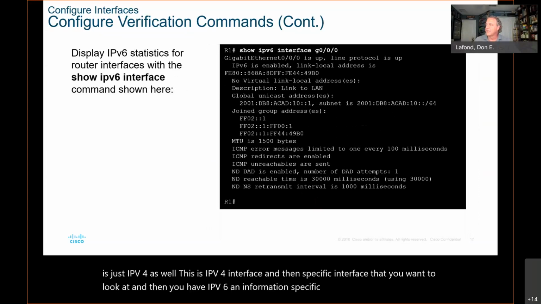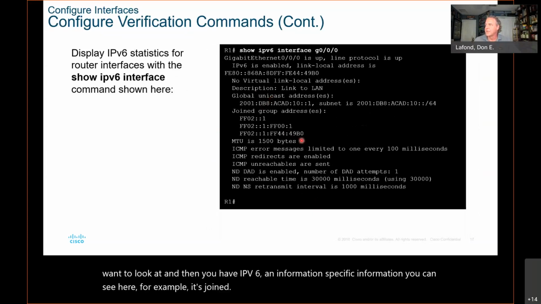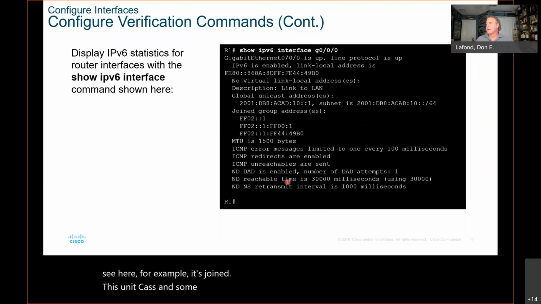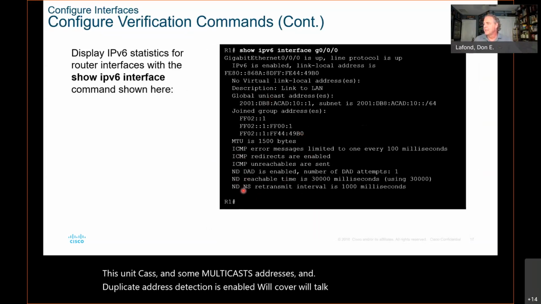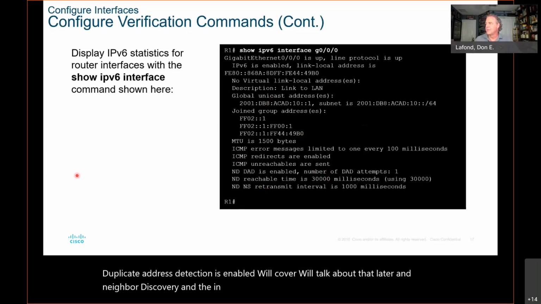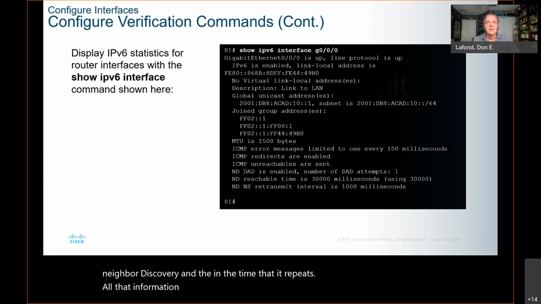You can see here, for example, it's joined this unicast and some multicast addresses, and duplicate address detection is enabled. We'll talk about that later, and neighbor discovery and the time that it repeats. All that information about one specific port.